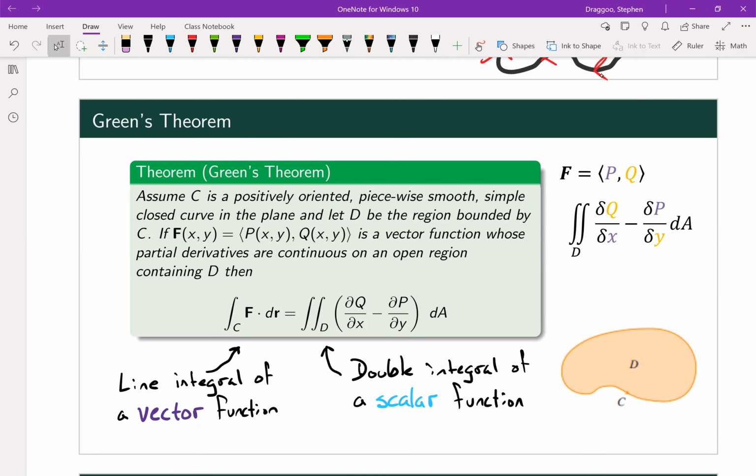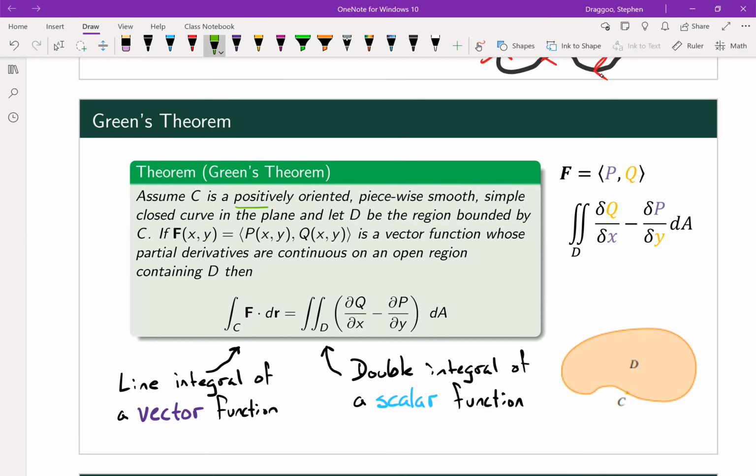So if we take a look at this picture highlighted over on the right, we can get a visualization of what we're looking at. Some 2D region D with its boundary curve C. And then we'll define some vector function F, where we'll just label its components P and Q. And our vector function F must have continuous partial derivatives in an open region that contains D. Those are all of the important buildups into Green's theorem.